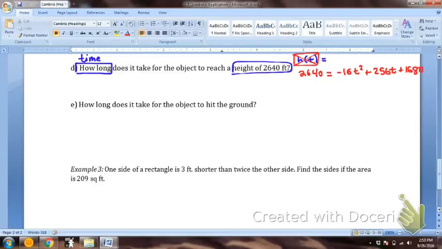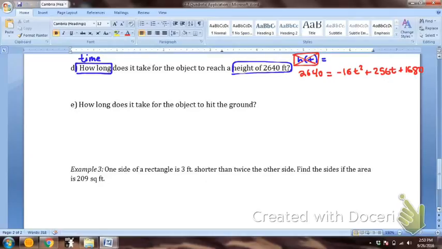So in this problem, they gave me the height, and so I put the height into the equation where height goes. How do we solve a problem when we have a t squared or a quadratic term? Any ideas? What do we always have to do? Think about what we've been doing the last few days.